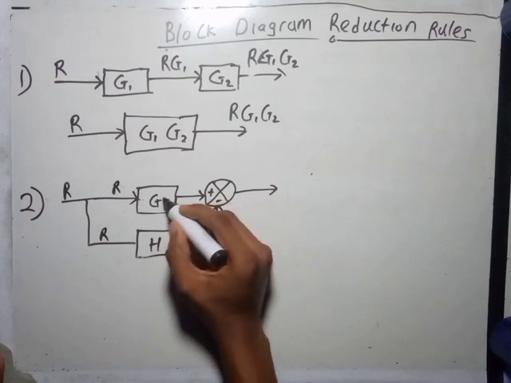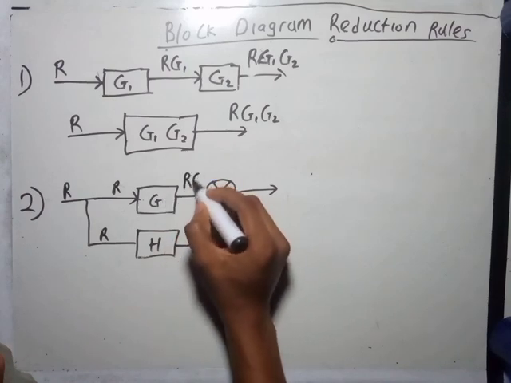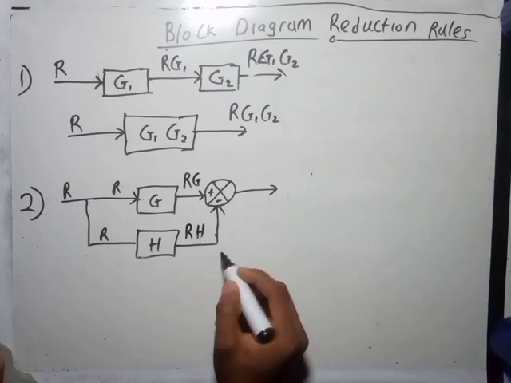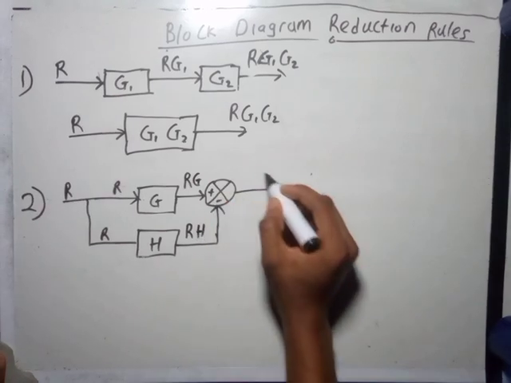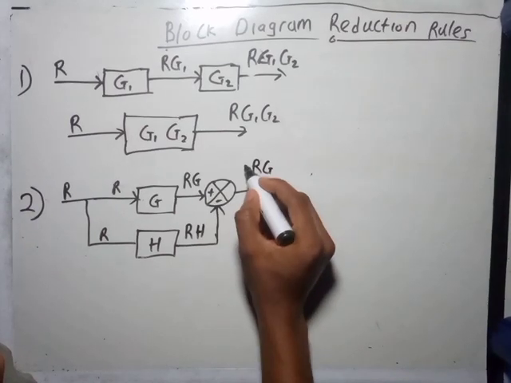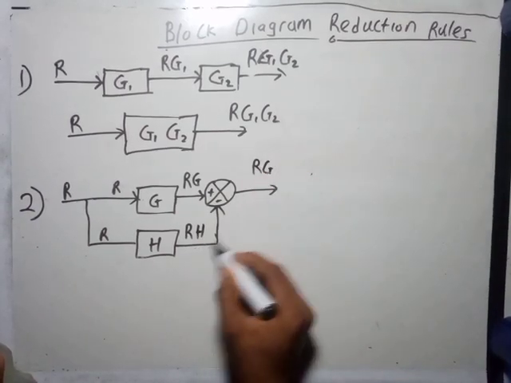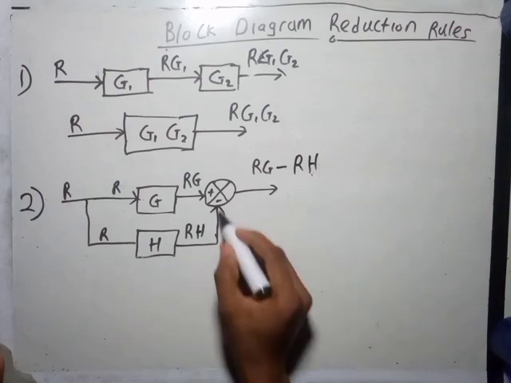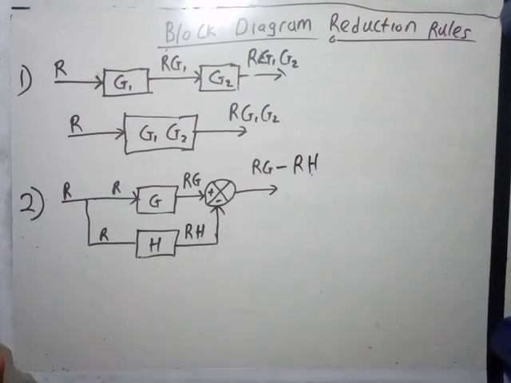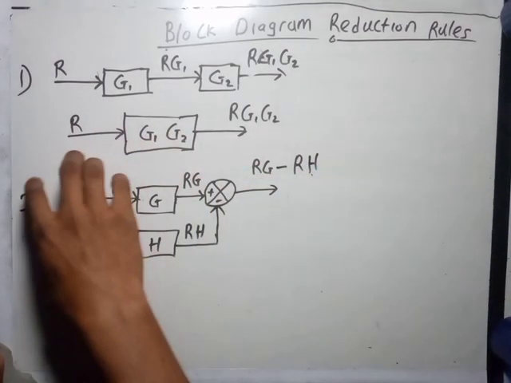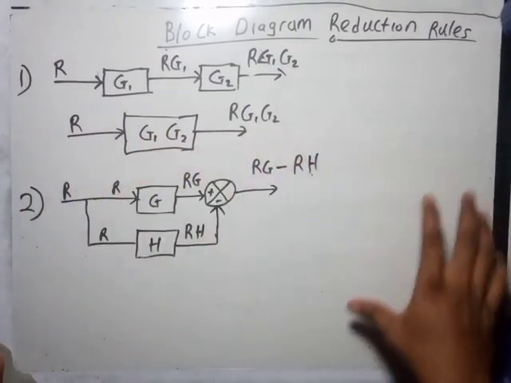As it crosses through the transfer functions, here becomes RG, here becomes RH. Then as it passes through the summation, it becomes RG, because the plus is in front we don't write it, and minus RH because of this minus here. So that's what our output is. So this is not a feedback loop.